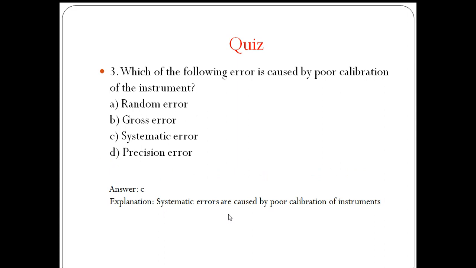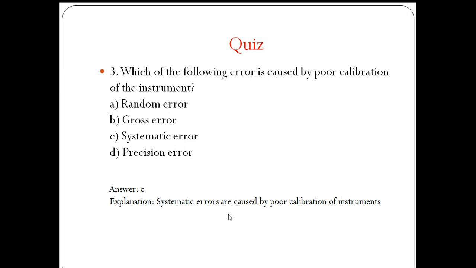Next question. Which of the following errors is caused by poor calibration of the instrument? Option A random error, option B gross error, option C systematic error, option D precision error.